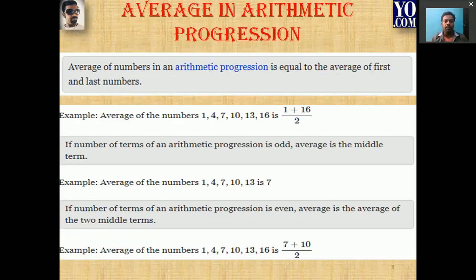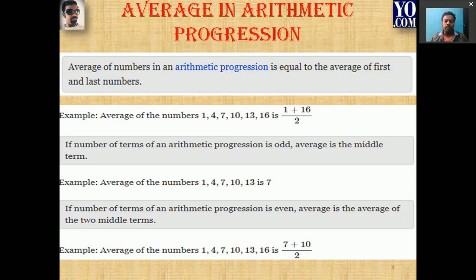Then average in arithmetic progression. Here some numbers have the same difference, that is, they increase in a constant way. For example, see the numbers 1, 4, 7, 10, 13, 16.